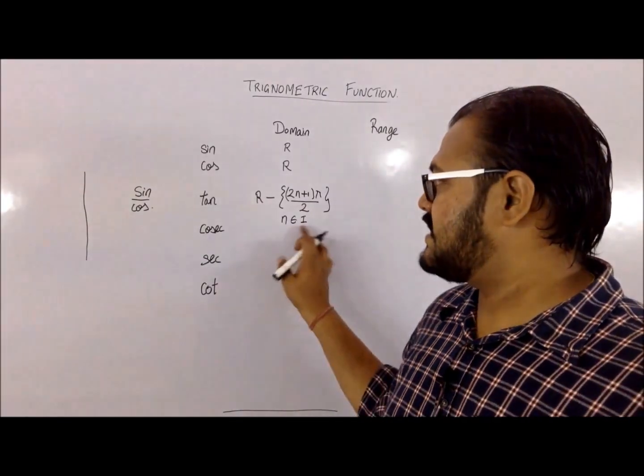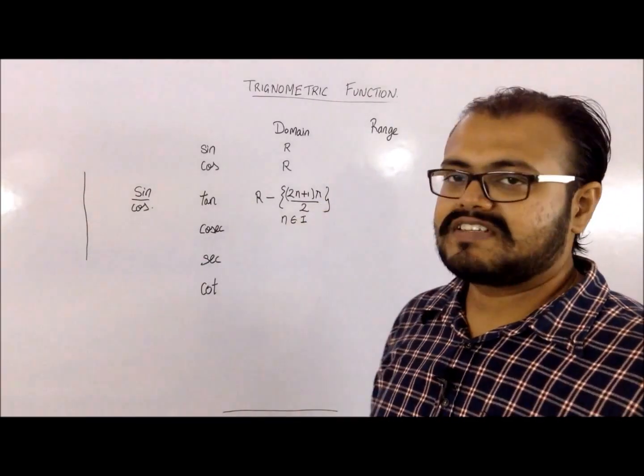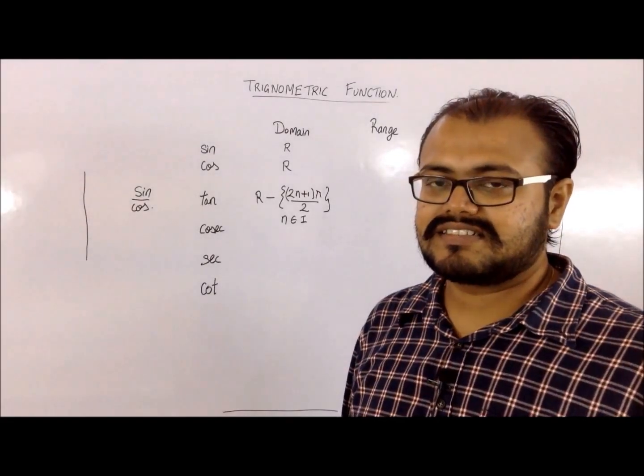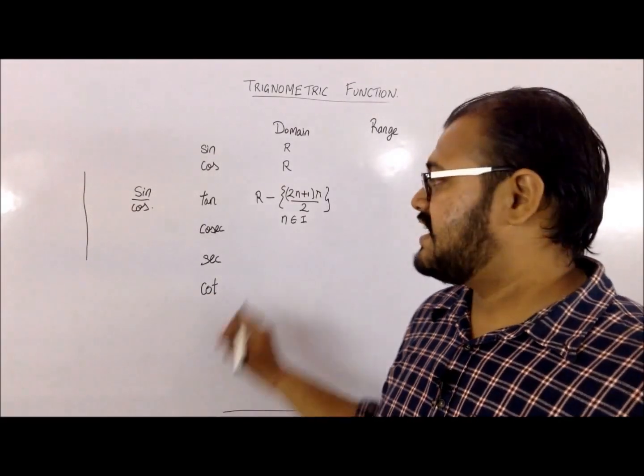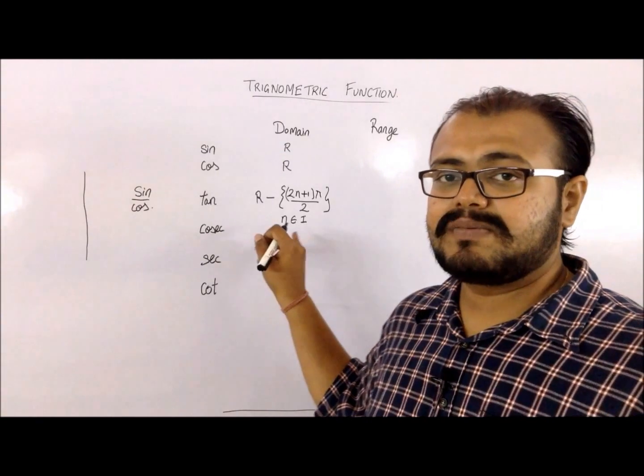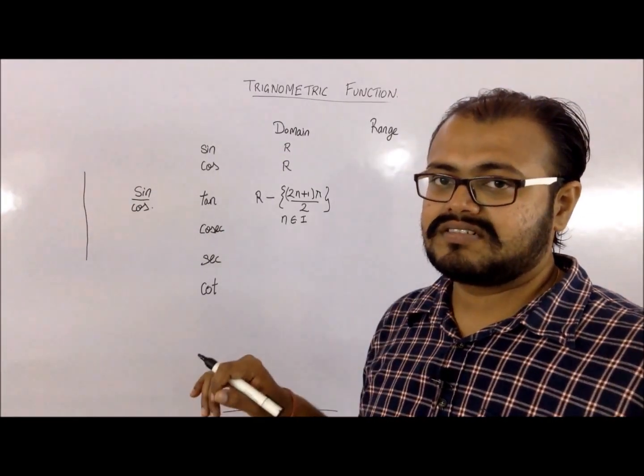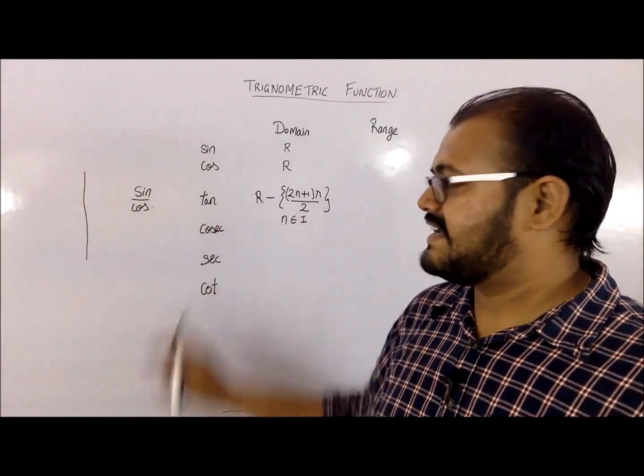If n is 0, the first value which will not be present is pi by 2. If n is 1, then it will be 3 pi by 2 and so on. So these are the values which tan cannot take.